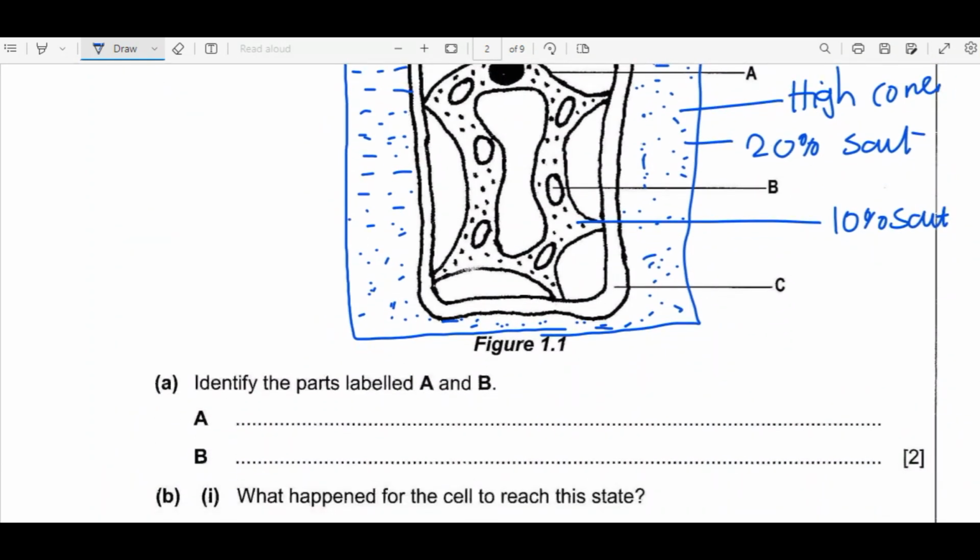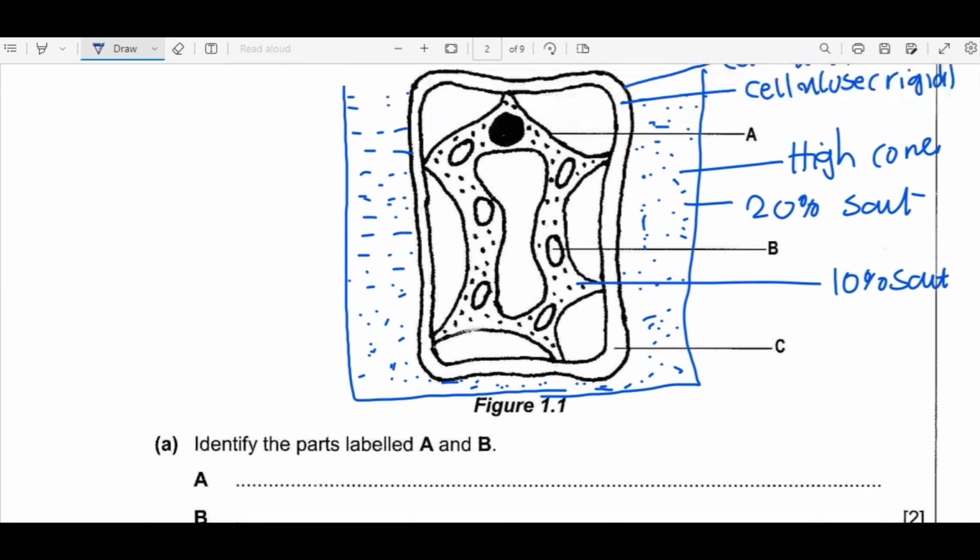Identify the parts A and B. A is a membrane that encloses the cytoplasm. We have this cytoplasm here, and whenever we are dealing with a fluid, we need to have a membrane that encloses it. This membrane's original position is here.